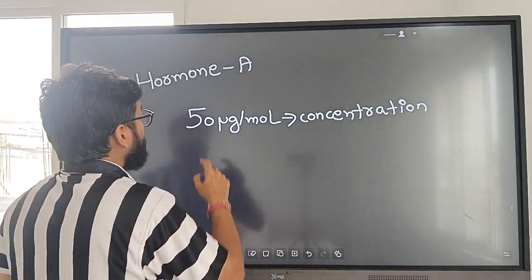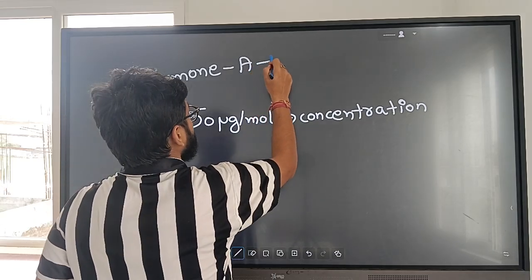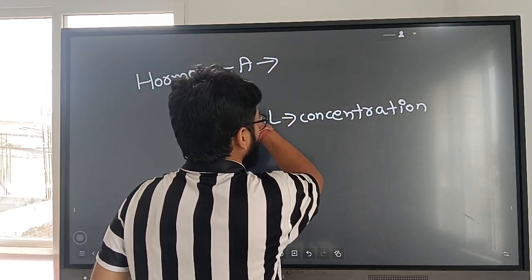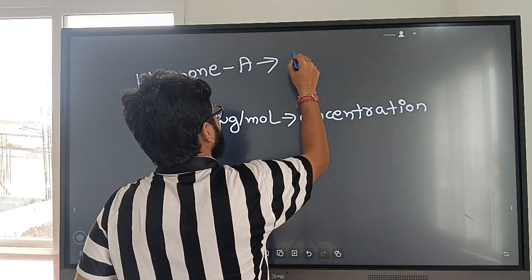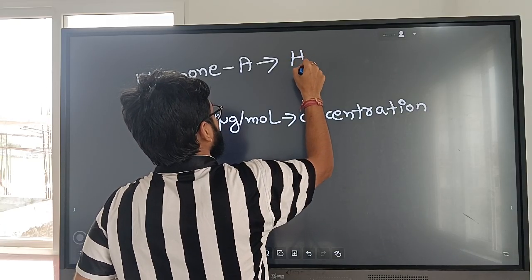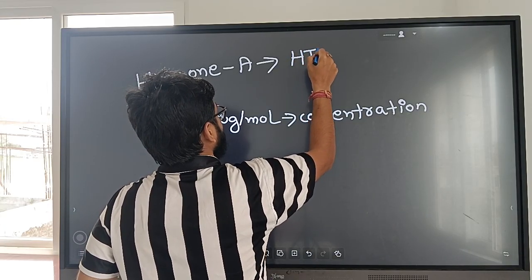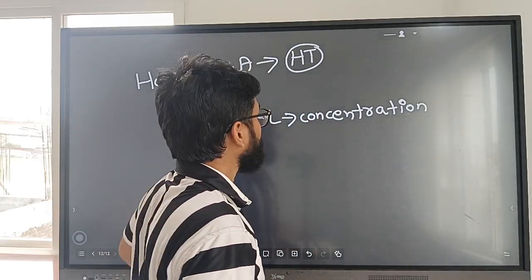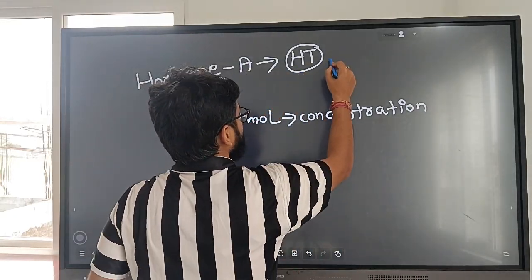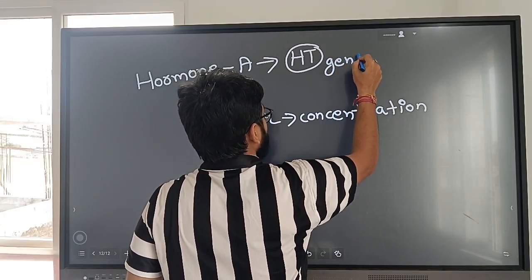This hormone A is controlled by, let us say, the gene HT.